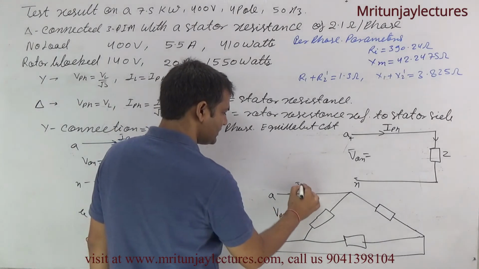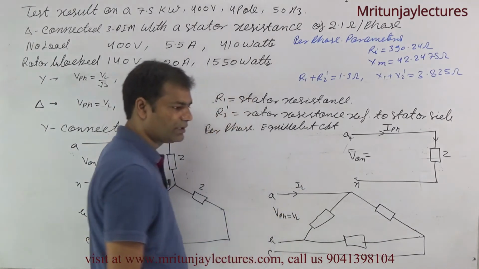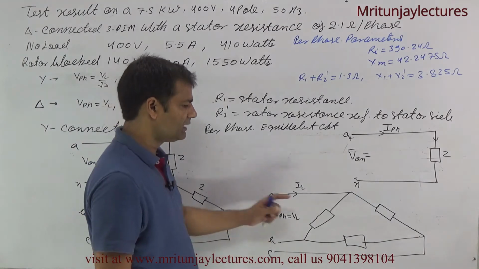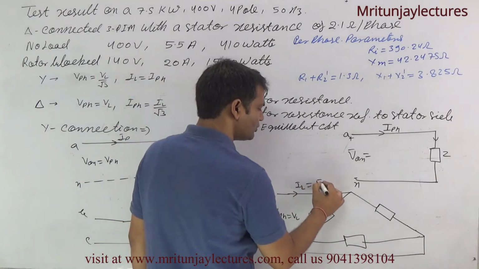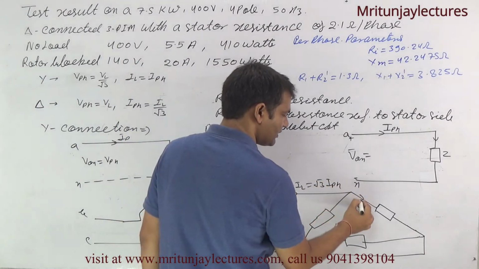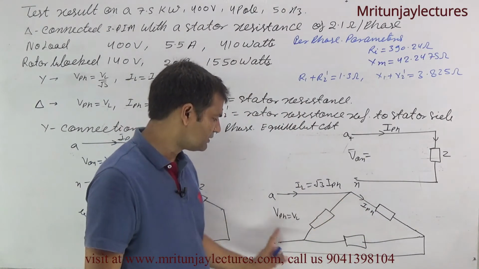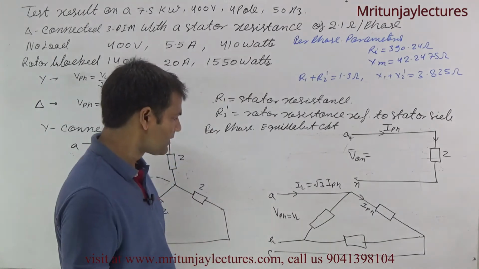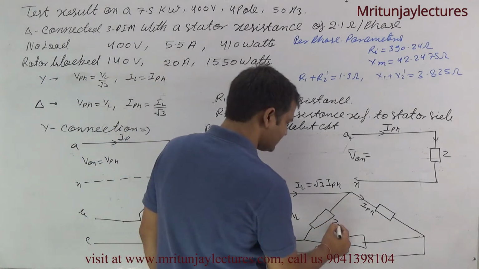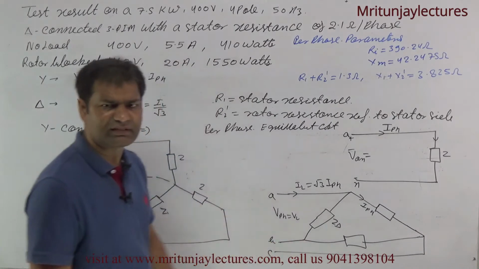This one is line current. This is equal to √3 times of phase current. This one is a phase current in case of delta. Clear? And this is the impedance, Z delta, you can write like this.